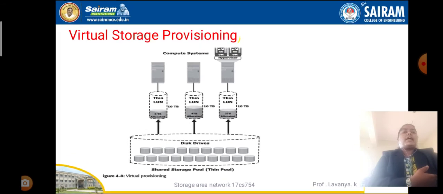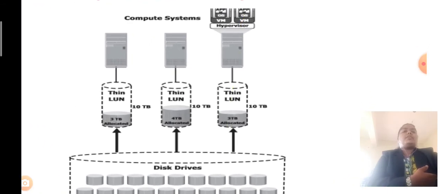If you look at this diagram, here we have the thin logical unit number, which distinguishes it from our traditional logical unit number. Here we can create many thin logical unit numbers. A host need not be completely allocated storage when the thin logical unit number is created.